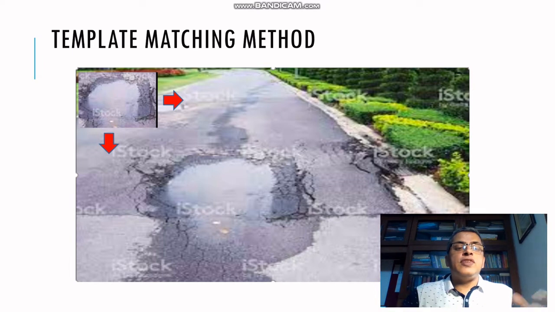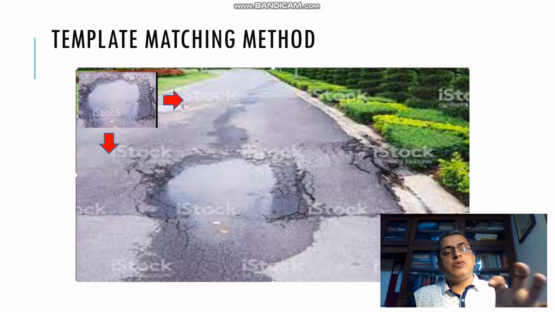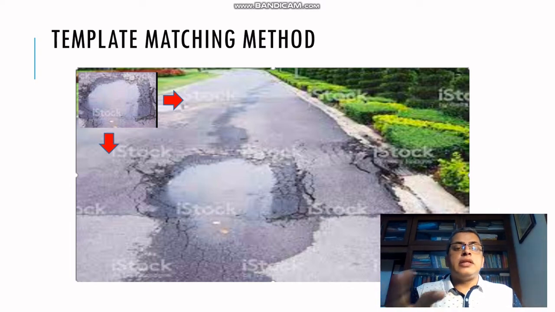If there are differences in scale, then object detection also suffered. Along with it, the quality of the template also mattered. If the template wasn't good enough, it still affected the overall predictive power of this whole method.